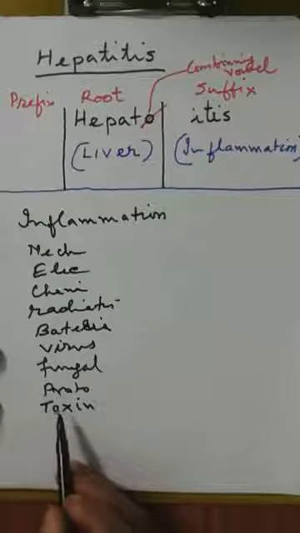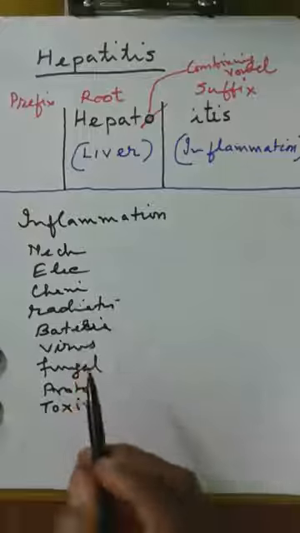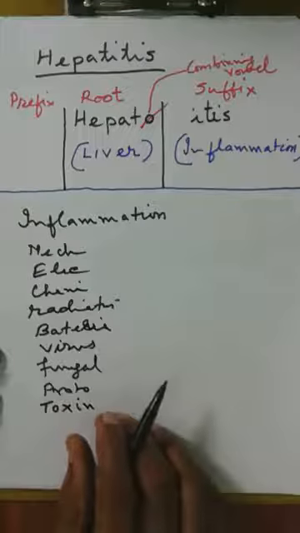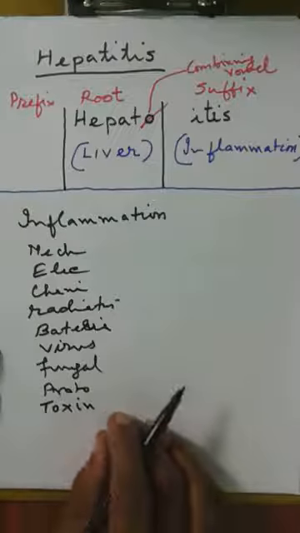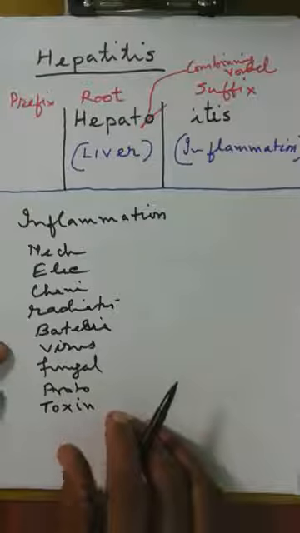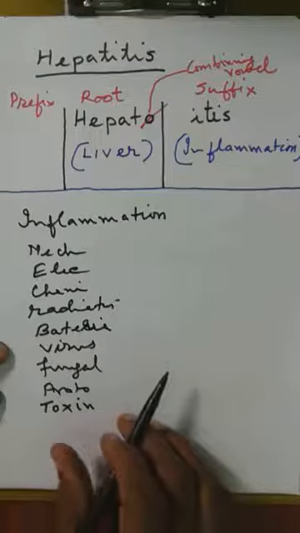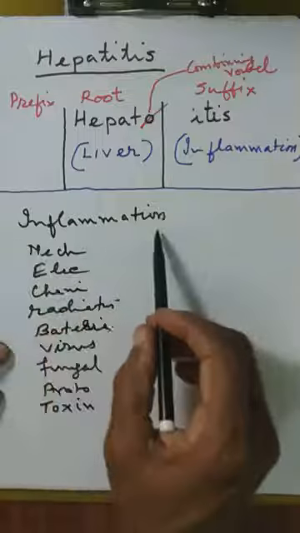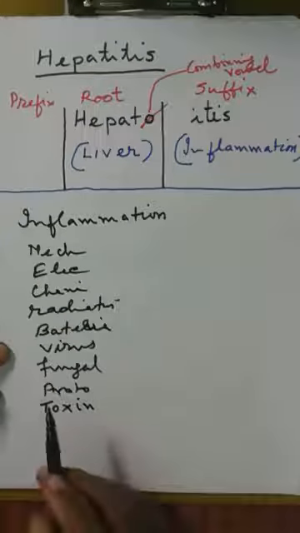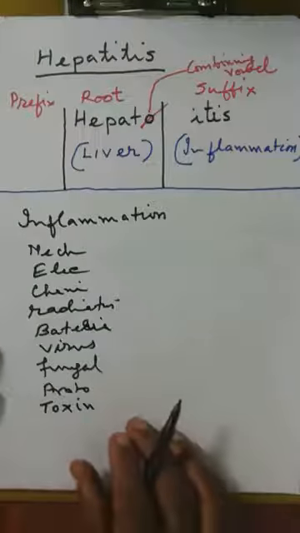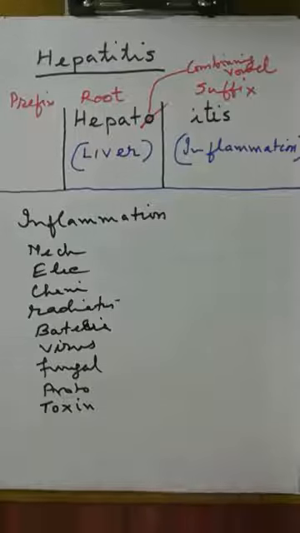Then immediately that part of the body will get angry, and that will first show some signs, and subsequently it will try to repair the damage happened to that part of the body.